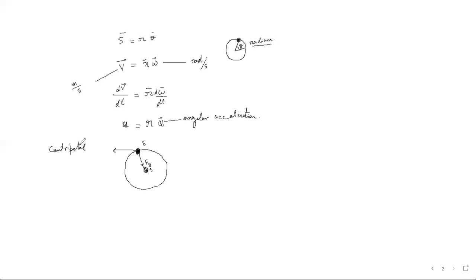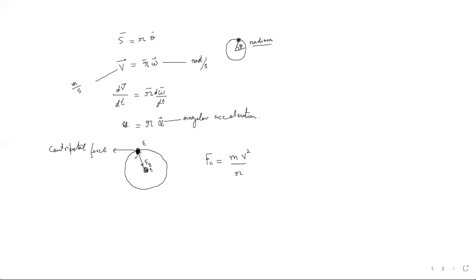And the centripetal force is the force which actually forces the object to move in circular motion. And this force, Fc we call it, is equal to mv square over r. What is this r? R, thank you. R is the radius of this circular path.